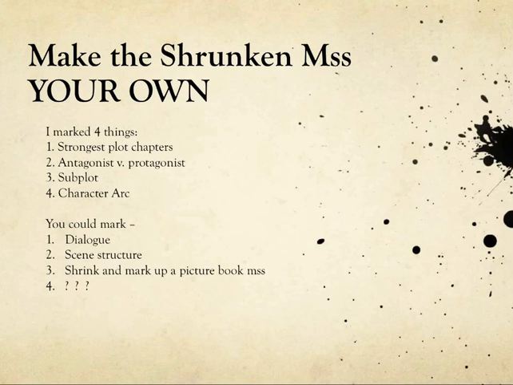I've even seen shrinking and marking up a picture book manuscript. That's a very interesting thing to do since they're already small, but it does work for that one also. So you can use it for anything you want to, as long as it's a tool that will help you see what's going on in your story, and that's really the goal of it.